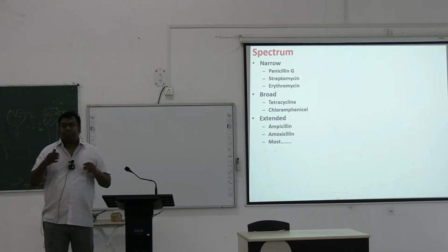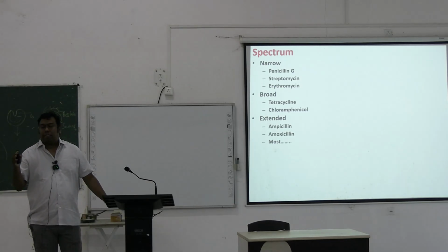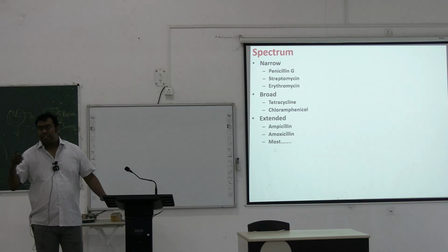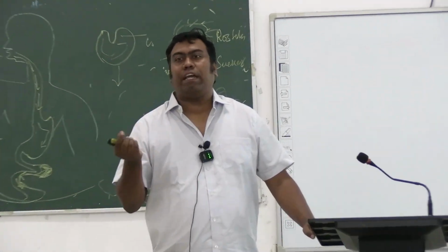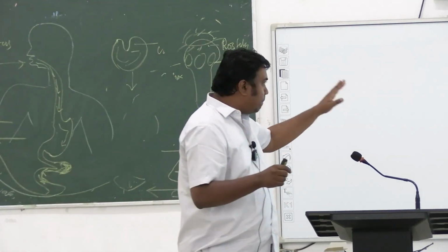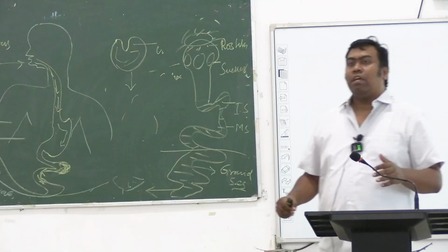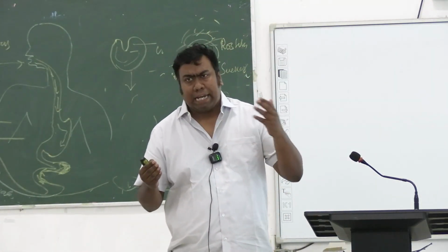we take some side chain of this penicillin to develop their spectrum as well as resistance against acid. So penicillin cannot be given orally, but ampicillin and amoxicillin can be given orally. So nowadays you will see we use ampicillin, amoxicillin, but very rarely penicillin.